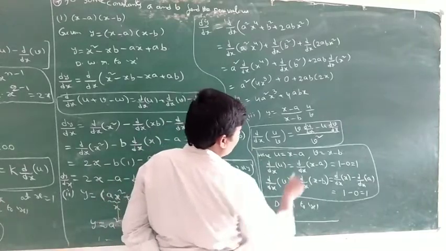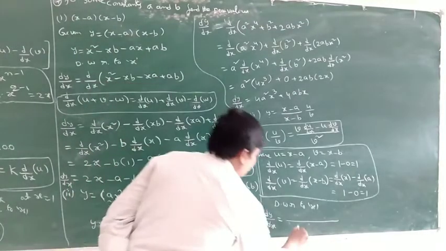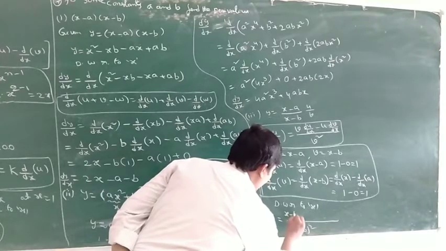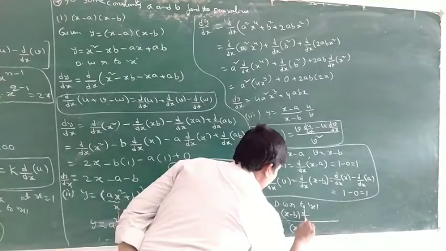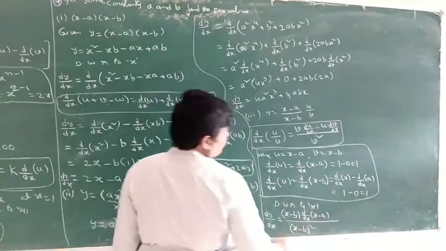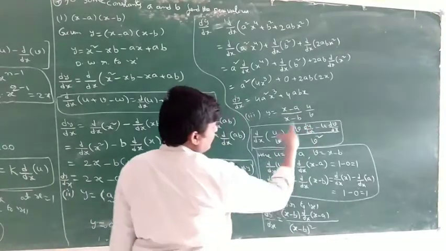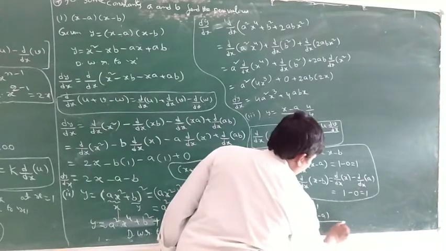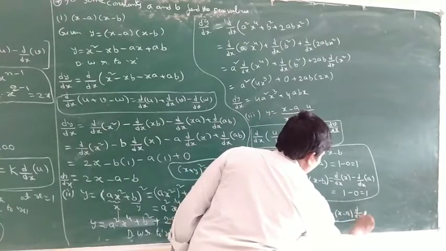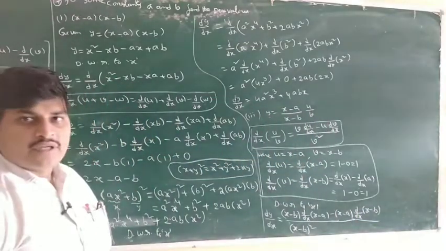What is v here? u is equal to x − a, v is equal to x − b. So v² is (x − b)², and the numerator is v into du/dx, that is (x − b) into the derivative of (x − a), minus u into the derivative of v. This is the problem.